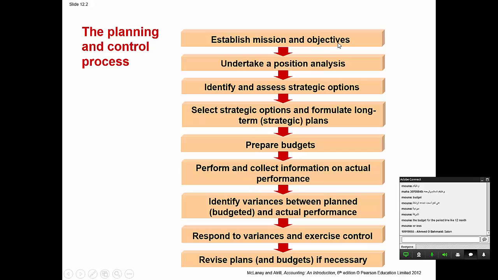That means if we have some variance between the actual performance and the planned performance, then we need to respond to the variance and exercise control. We need to return the performance to the planned performance in order to achieve our objectives in the planned way.